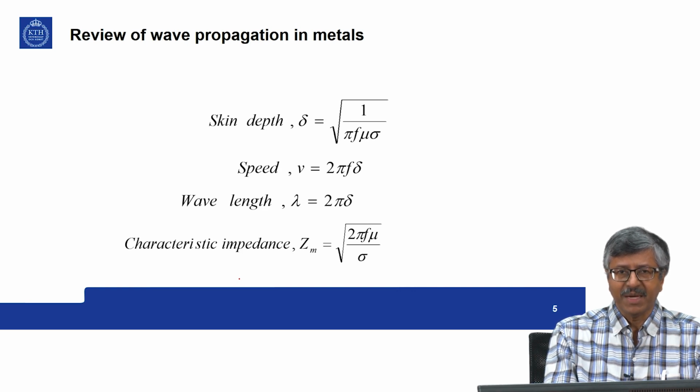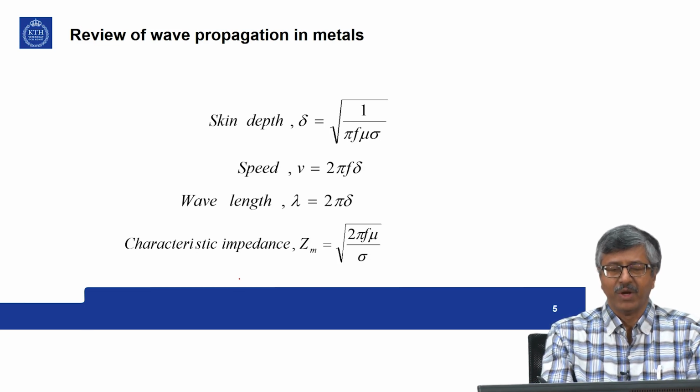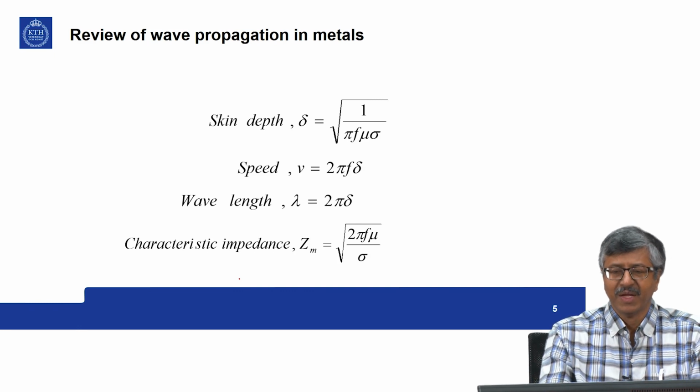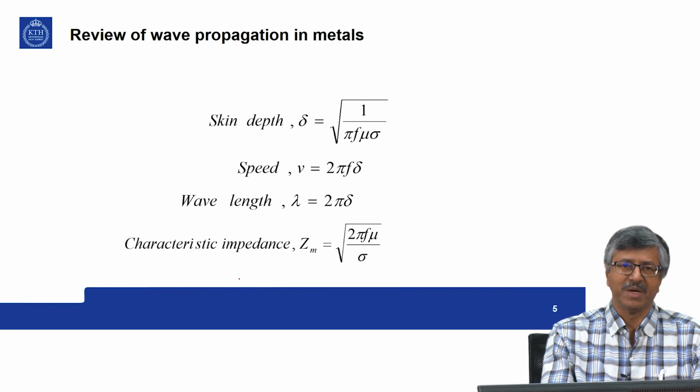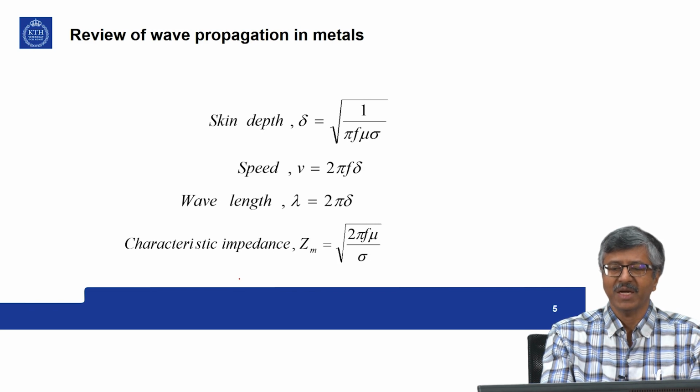So, we have seen in chapter 2 wave propagation in metals, and we have introduced several concepts, and those concepts will be used here. So, for ease of reference, I have reproduced some of the important formulas. One is skin depth. It is square root of 1 by pi f mu sigma. So, skin depth is inversely proportional to the root of frequency, inversely proportional to the root of material parameters like mu and conductivity.